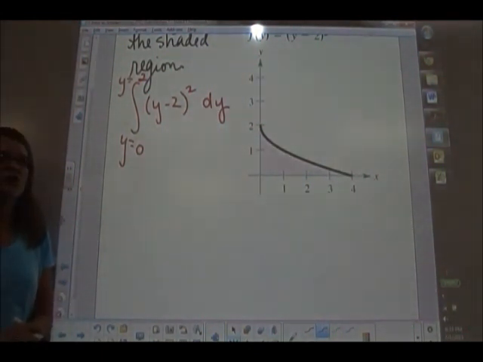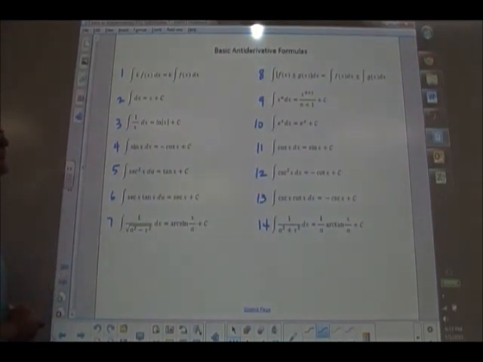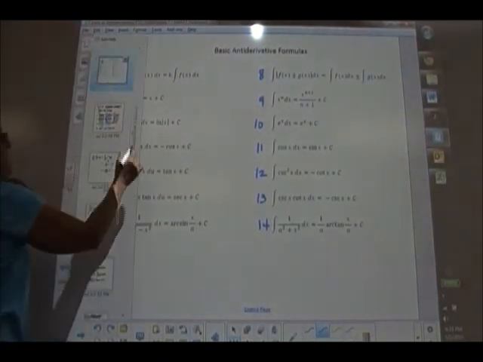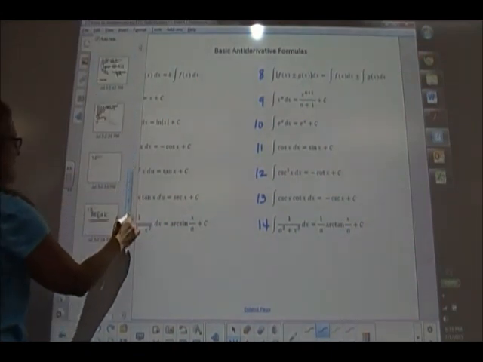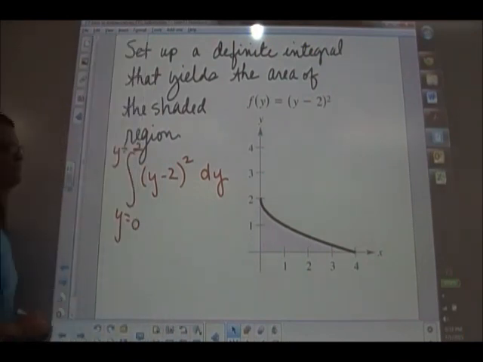You're looking at your sheet of formulas. We start with number 9, the exponential. Okay, I see number 9, William. How would you like to use number 9, which is kind of like the power rule of antiderivatives?